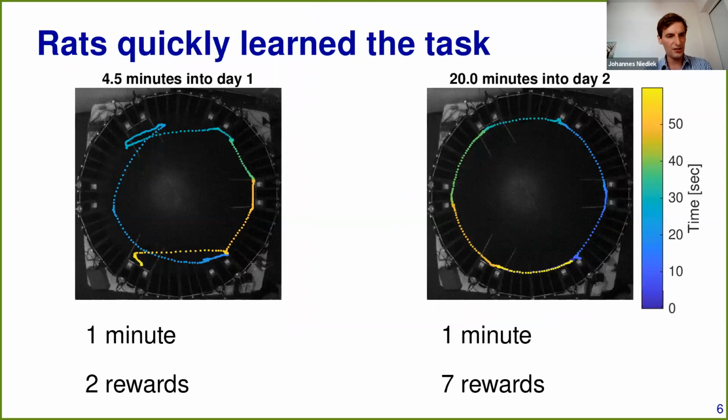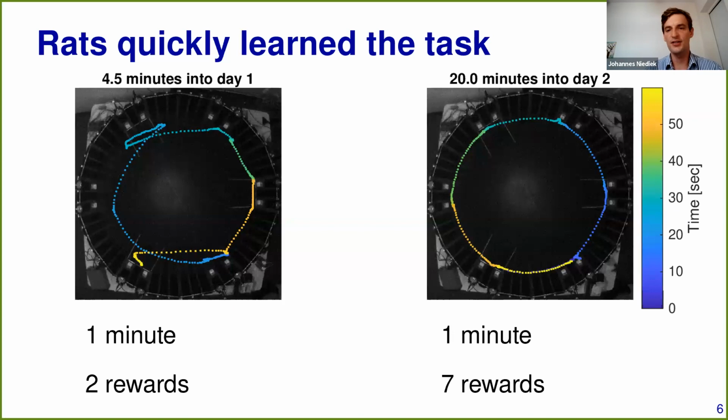So on the left side here, you see a rat that has been exposed to this task only for 5 minutes in her life. Before that, there's some habituation, but this is a 1 minute trajectory from 5 minutes into the task. And the color is time. You see that the rat runs around a bit erratically, but nevertheless, it manages to eat 2 food rewards in 1 minute.